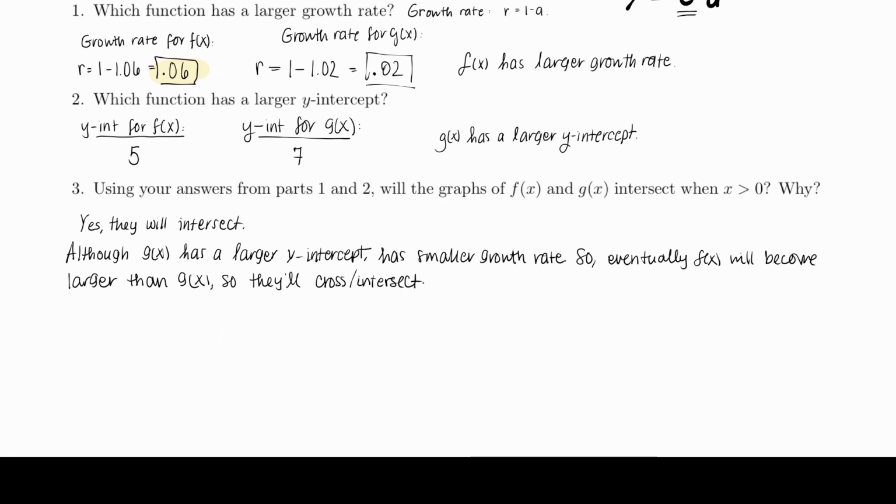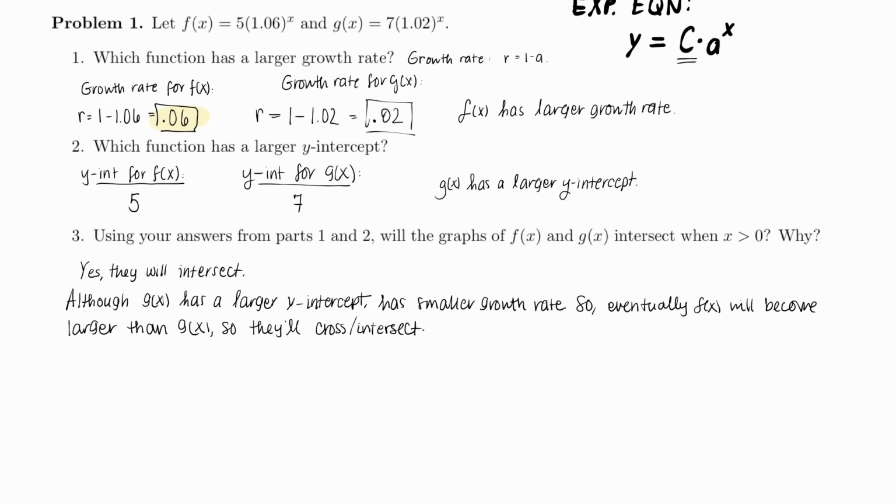If that is exceptionally confusing, let me draw a quick picture and then we'll be done with this problem. So in orange, I'm going to draw g of x. So we know g of x has a bigger y-intercept, so it starts off larger. So I'm going to say it looks something like this.